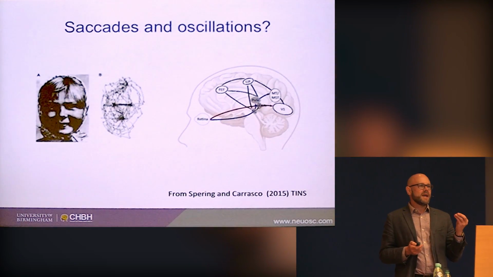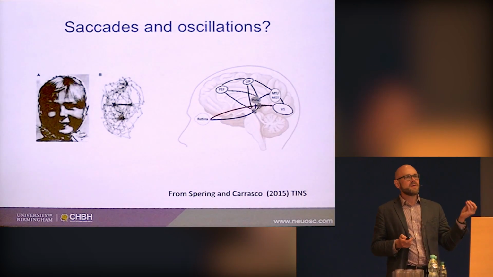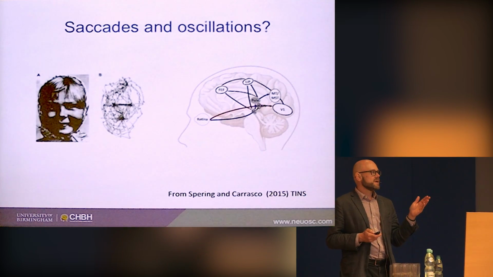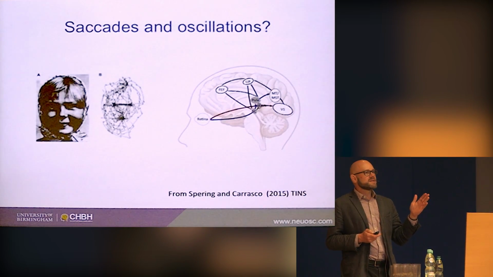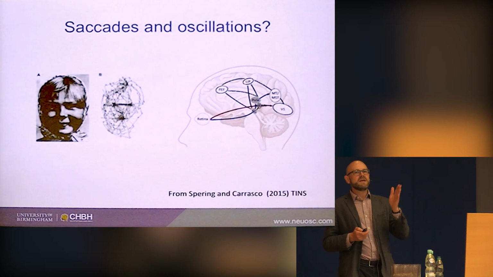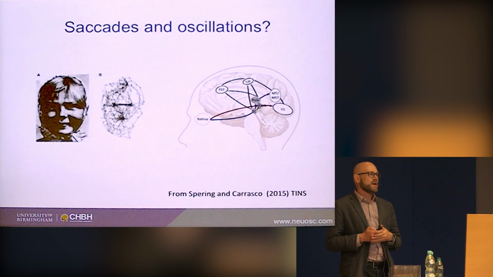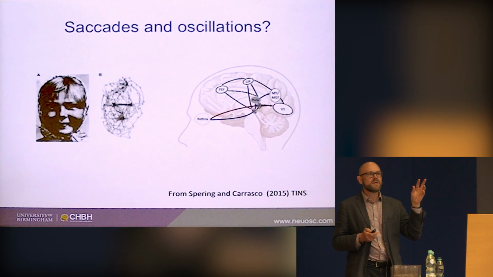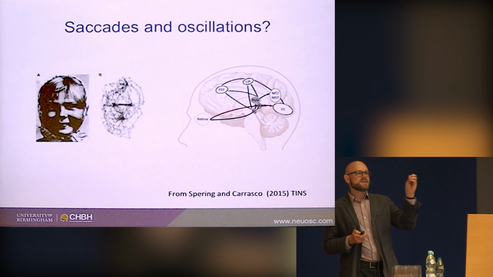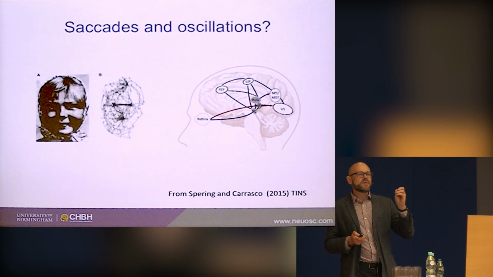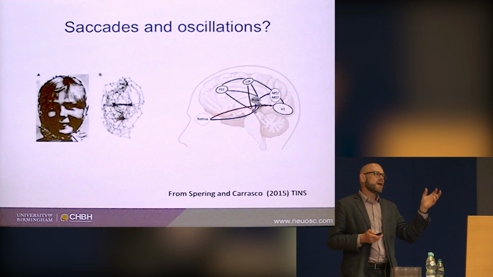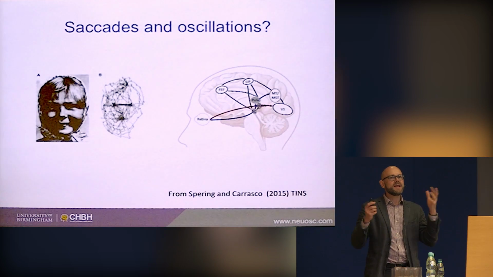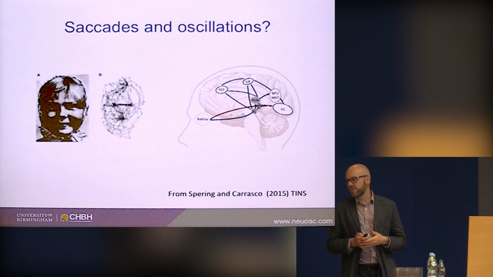Another issue with saccades is that it's not obvious how they link to ongoing brain oscillations, but what we think now is that we have good evidence that saccades are actually locked to the phase of ongoing alpha oscillations. And we think that is becoming quite important because these alpha oscillations are not only controlling visual processing, but also how the motor system, in this case controlling saccades, is linking up to timing the whole network.